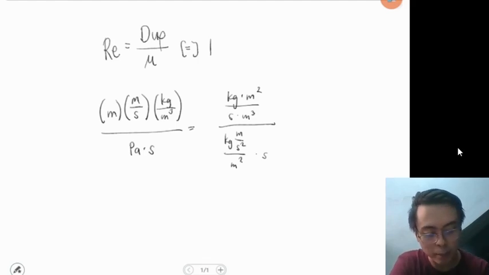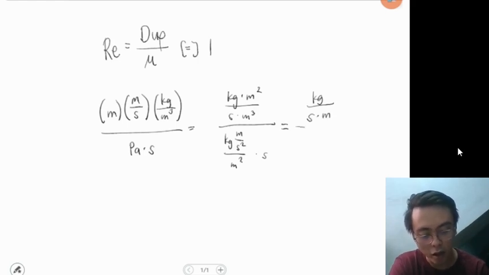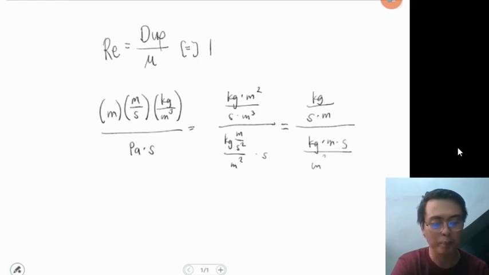So we just need to simplify to see if everything will cancel. In the numerator, meters and square meters would cancel, which would leave meter in the denominator. So that's kilogram per second per meter. Let's now simplify the denominator: meter squared stays in the denominator, so this becomes kilogram meter second per square meter per square second.